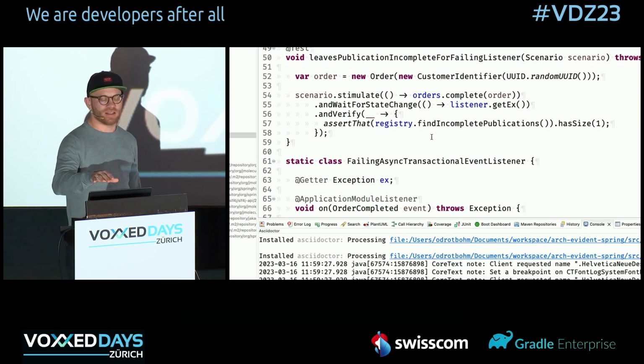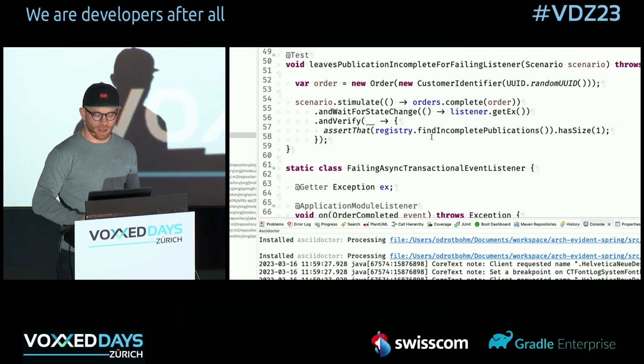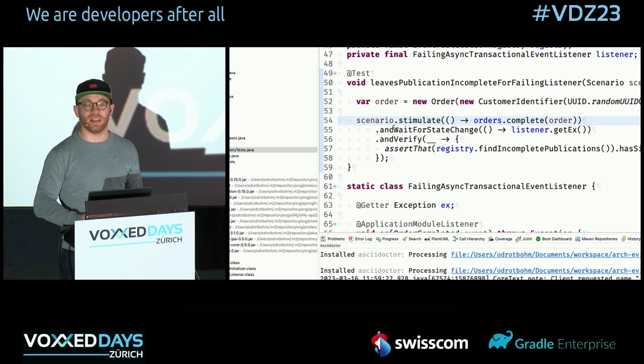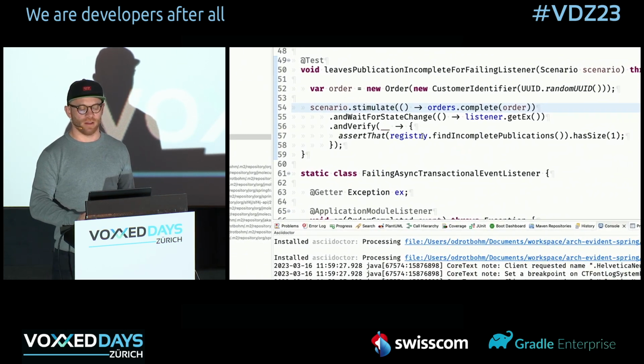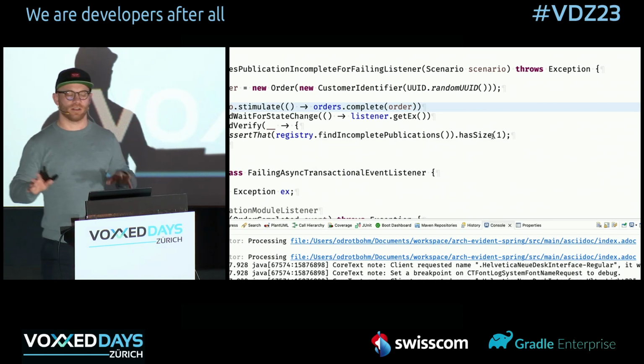The test is showcasing how it reacts to a failing event listener. We stimulate the system using OrderCompleted, and then we wait until the exception is actually created in the listener, and then we verify that we still have that event publication in our event publication registry.